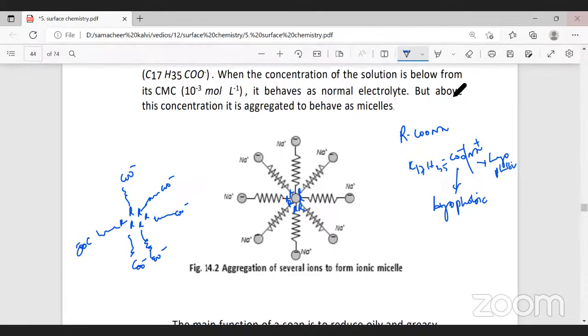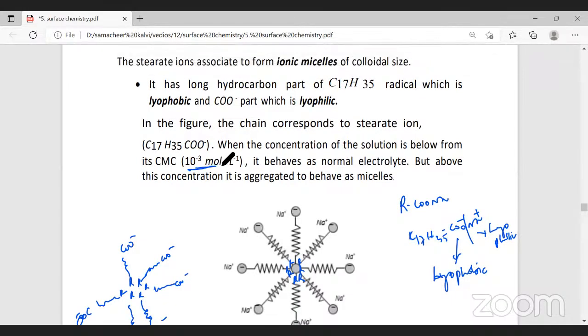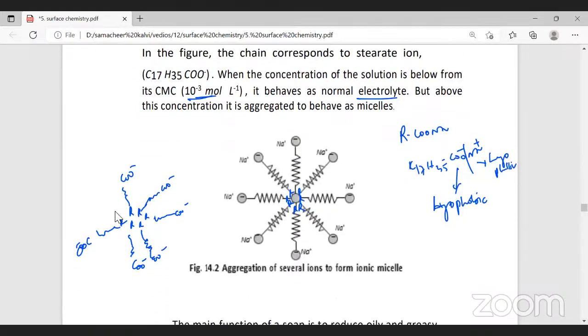When the concentration of the solution is below its critical micelle concentration, below 10 power minus 3 mole per liter, it behaves as a normal electrolyte. But above this concentration, it is aggregated and behaves like a micelle. When it behaves like a micelle, the particle size is between 1 to 100 nanometers.